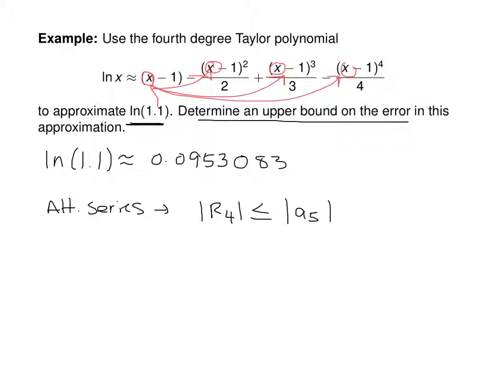The next term left off would have been 1/5 (x minus 1) to the 5th, so (1.1 minus 1) to the 5th, which is equal to 0.00000 2, so 5 zeros and a 2. So really that's quite accurate. If your calculator is only giving you 3 places of accuracy, you wouldn't notice the difference between this and, say, a polynomial of 5th or 6th degree.